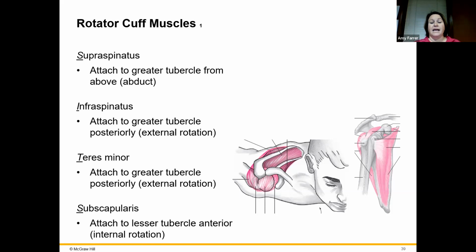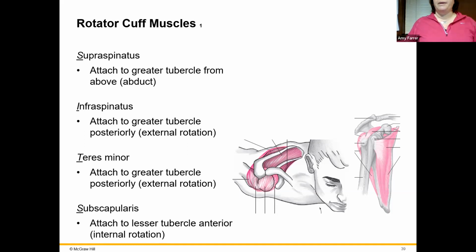Because of how they attach, it really functions in how it works. Because the infraspinatus and the teres minor are a posterior greater tubercle attachment, they will externally rotate. They're on the back. So they start on the back, they end on the back. If they shorten, they're going to pull you into external rotation.